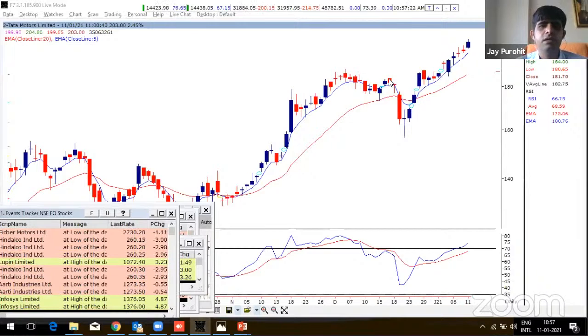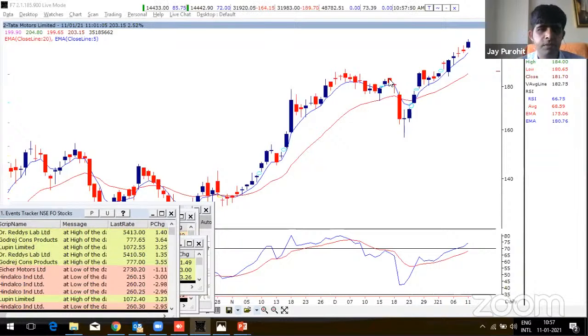On the stock front, there were 3 recommendations from my side. One is HDFC Bank, second is ICICI Pru Life, and third is Britannia. Britannia is purely a short covering play. In HDFC Bank, there were both shorts and longs in the system, and today it is giving a range breakout, so short covering plus fresh buying can be there.